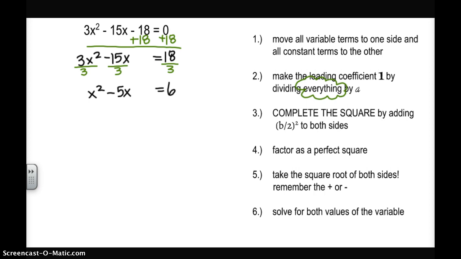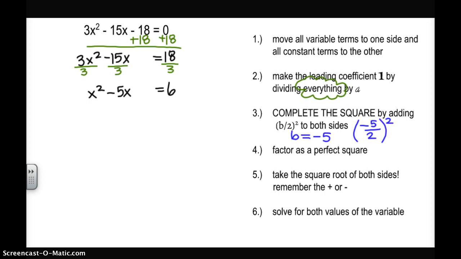If this is all the further you got, great. Let's try step 3 together. Complete the square by adding b over 2 squared to both sides. In this problem, b is negative 5. Can you get it with that piece of information? If not, keep listening. If you think you got it, give it a try. So I'm doing negative 5 over 2 squared.